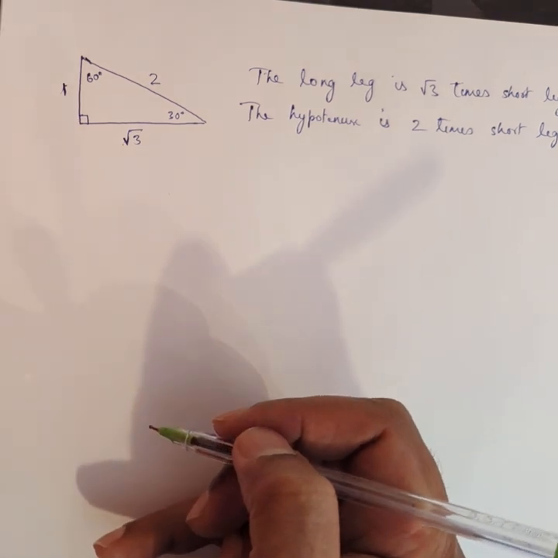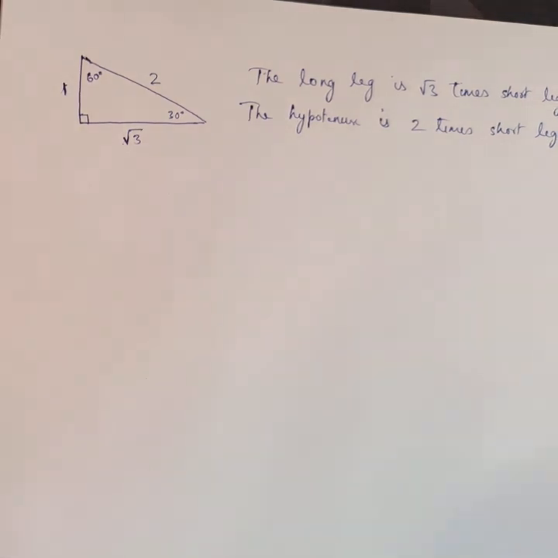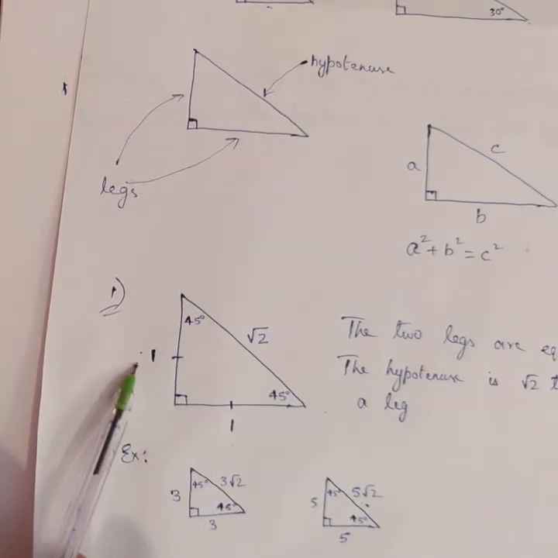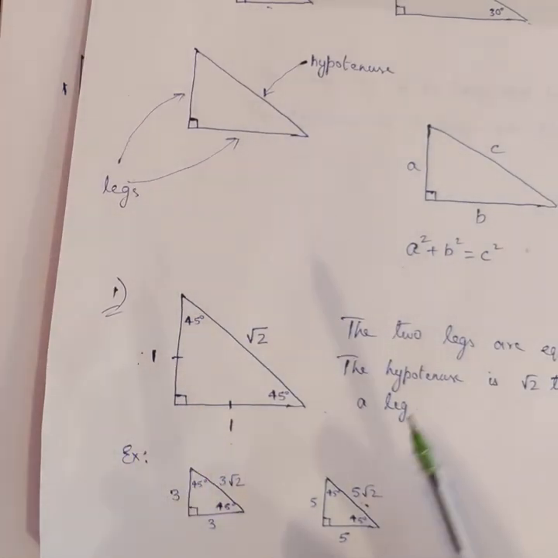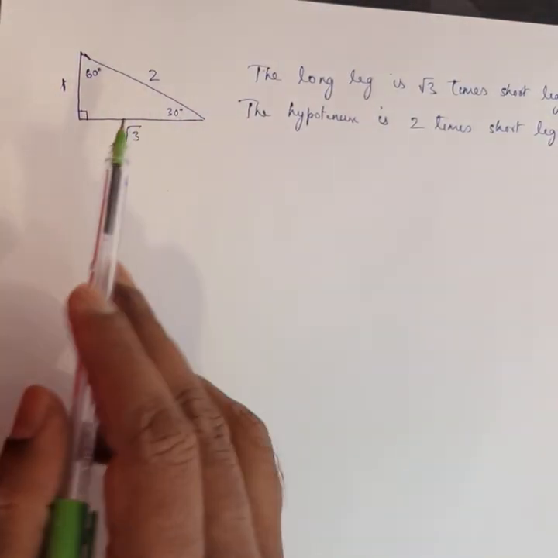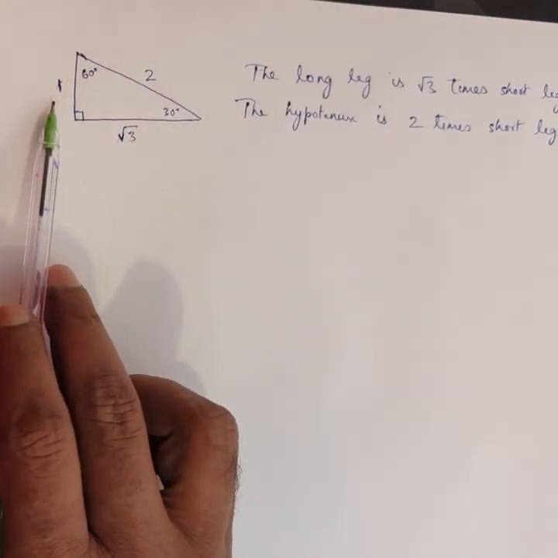So this time there are 2 factors, unlike the first special right triangle. In the first special right triangle, both legs were equal and the hypotenuse was square root 2 times as big. So there was only 1 factor to remember, but now we have to remember 2 factors. And both are expressed in terms of the short leg.